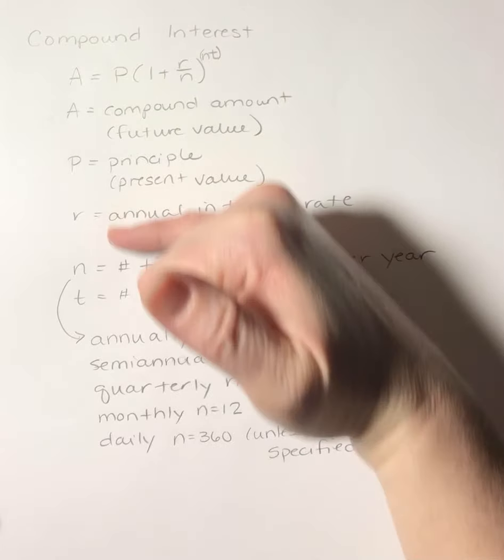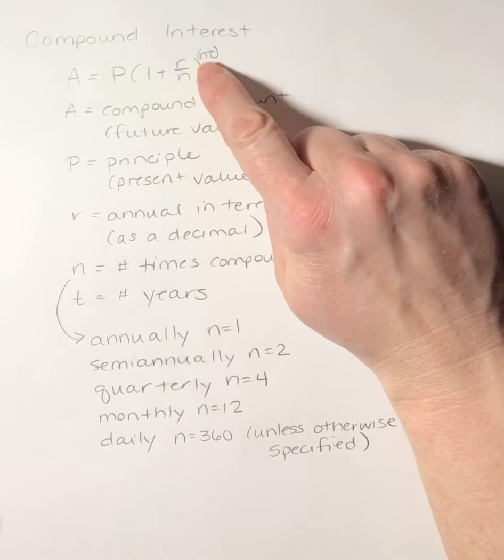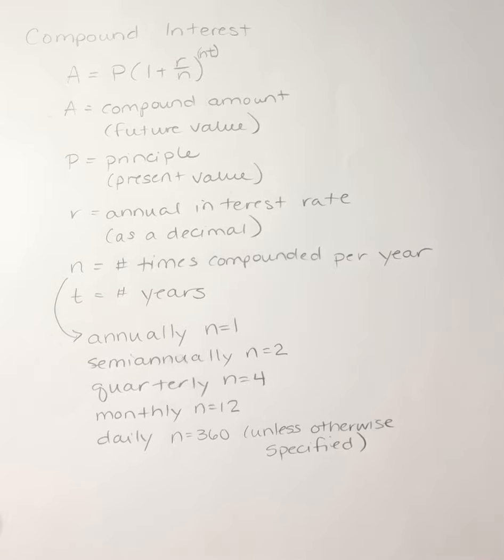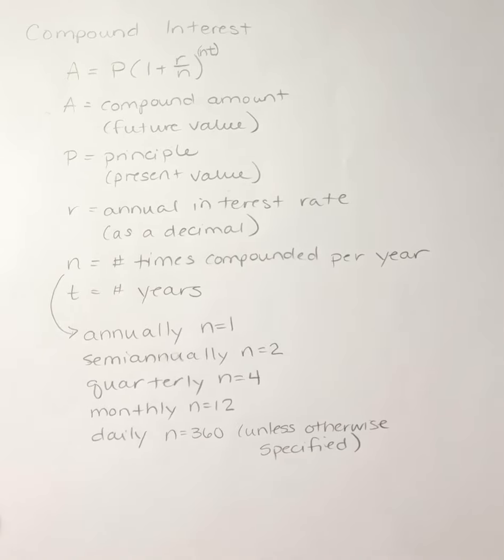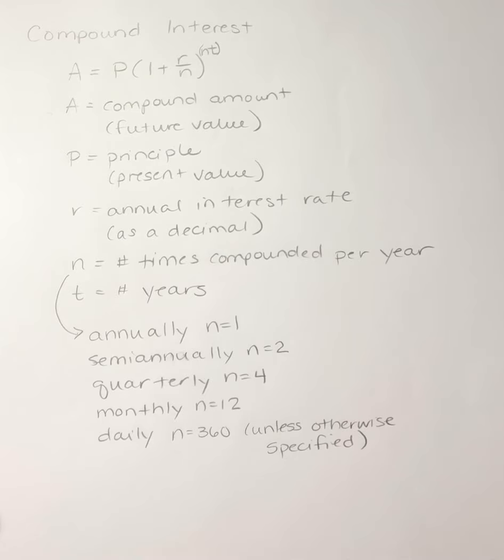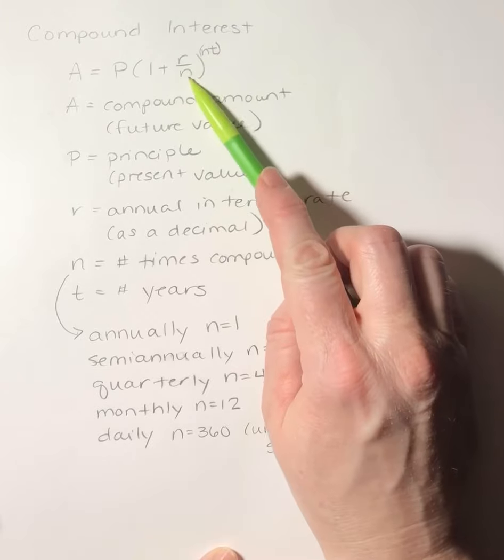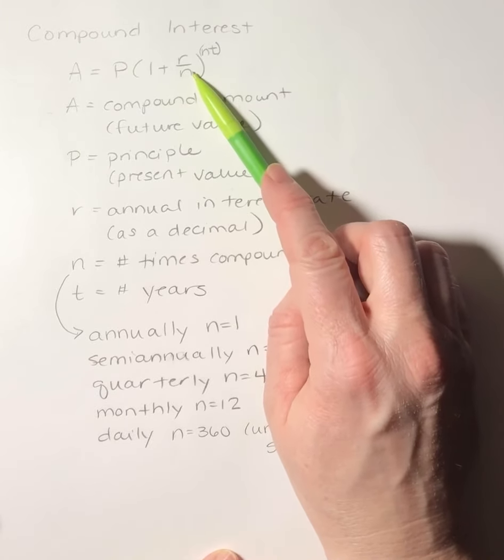The only thing new in this equation is this N. What compound interest means is that instead of doing it once a year, at the end of a month, at the end of a quarter, at the end of 6 months, whatever the time period is that they specify, they're going to either add your interest onto your loan or add interest into a savings account or something to that effect. And so this is the one new piece in this section that gets added.